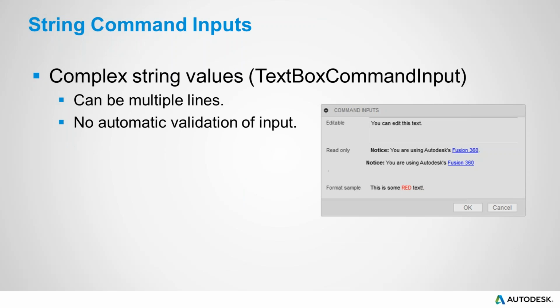You'd have to do your own validation if you have some requirements. You can set these so they're editable or not. This top one that I'm showing here is editable. You can see very faintly a box around it. We're wanting to change that so the background is more visible and it's more obvious that it's an entry field.